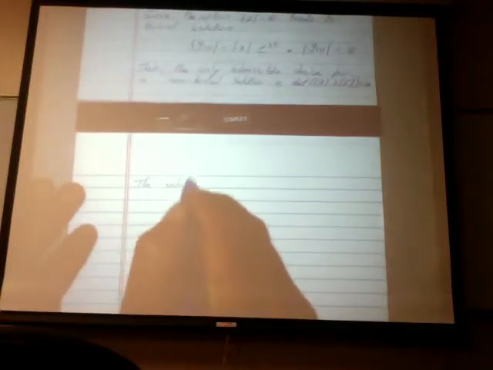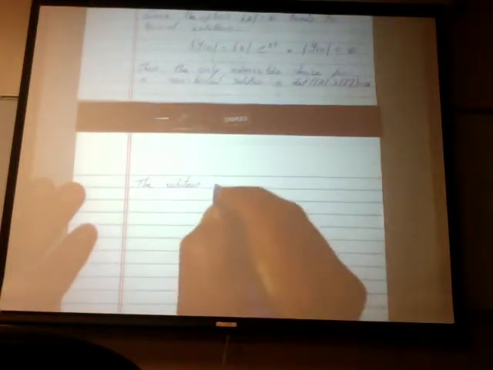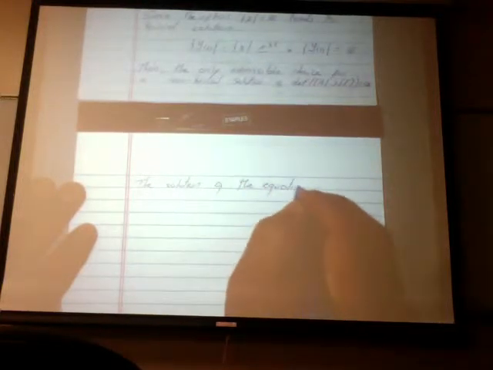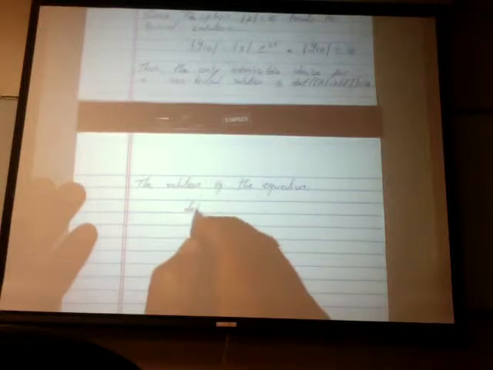So the solution of the equation, determinant of A minus lambda I is equal to 0, leads to the eigenvalues lambda, and there's multiple eigenvalues.